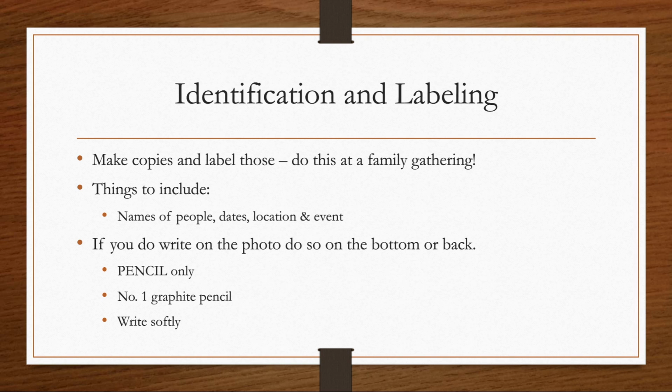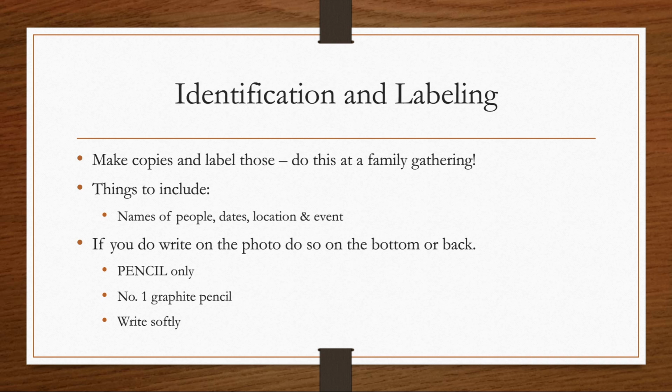You can just write on these copies and keep those copies with the originals. If you're nervous about writing on the photographs, please do that. Just keep things to the side. Maybe create a guide or have copies of the photographs and write the information on there. But if you do want to write on the photo, do so on the bottom and back.